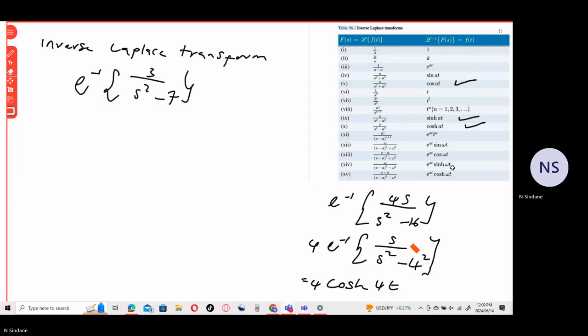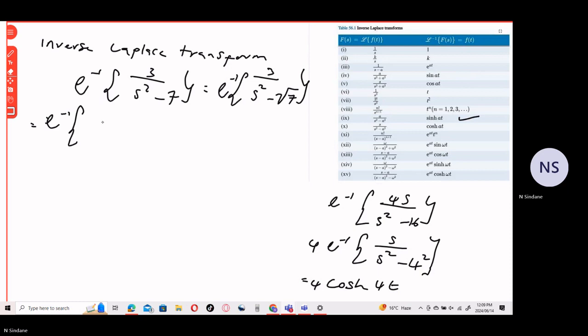Then, how can I make sure that my numerator and this are equal? The first thing that I can see, I can rewrite it as Laplace inverse of 3 over s squared minus square root 7 squared. If I want to remain with this 3, how can I make sure that they are the same?